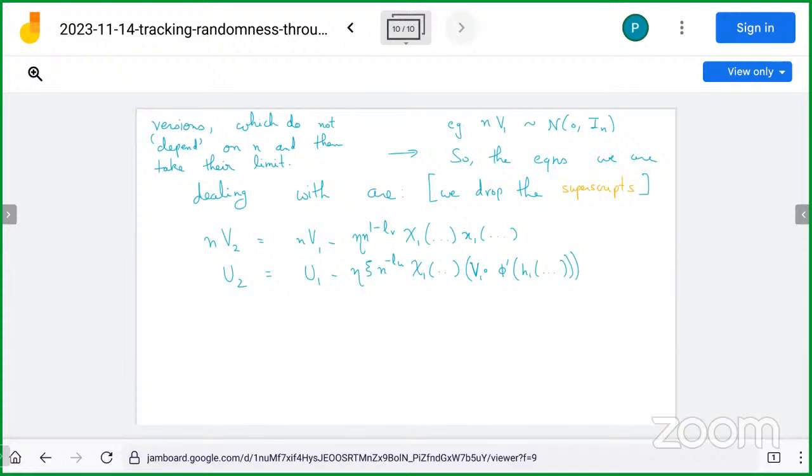We would want whatever is happening here to have one property: its variance, its parameter, should not depend upon n. Yes, its variance should not depend on n. So let's just see.